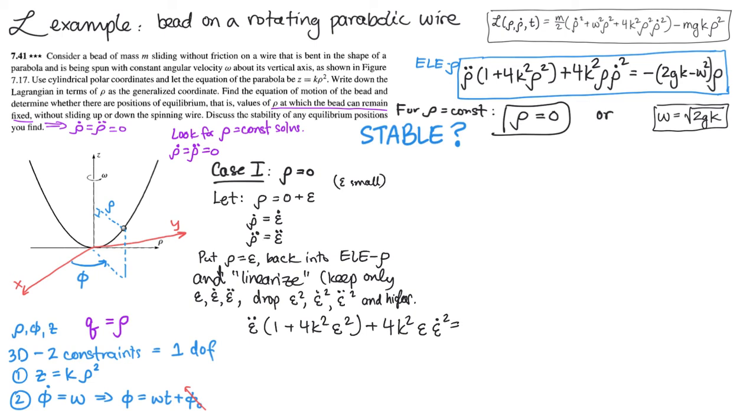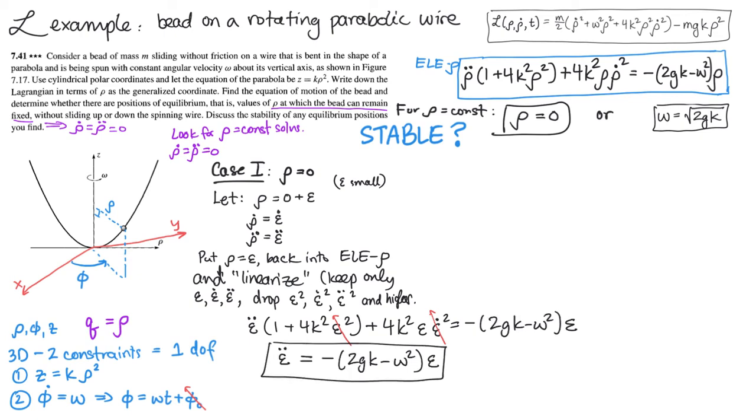And then minus 2gk minus omega squared epsilon. So we're going to ignore the epsilon squareds, whether dotted or not. And so now on our left-hand side, we just have an epsilon double dot, that's it, times 1. And on the right-hand side, we have minus 2gk minus omega squared times epsilon.